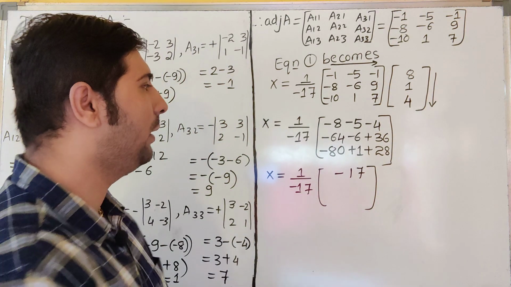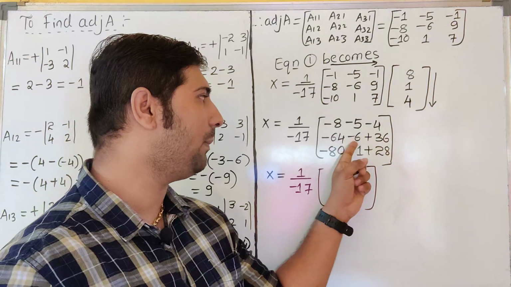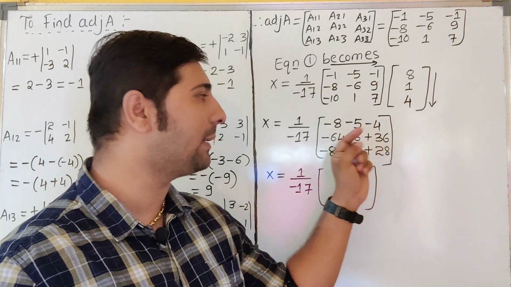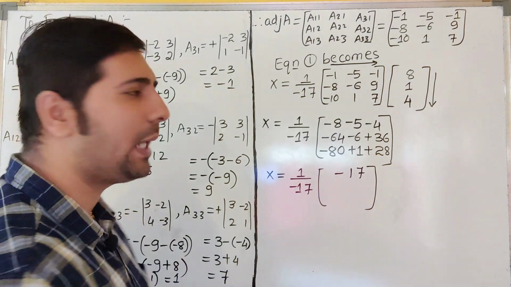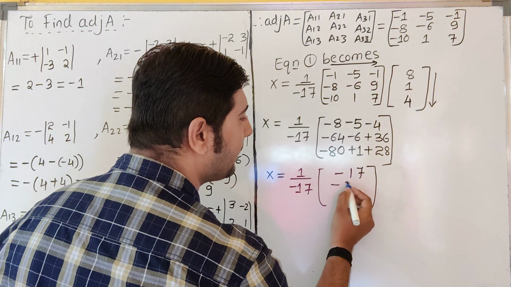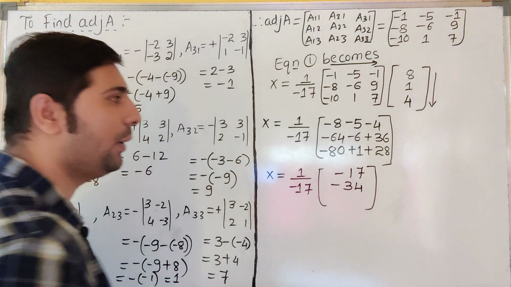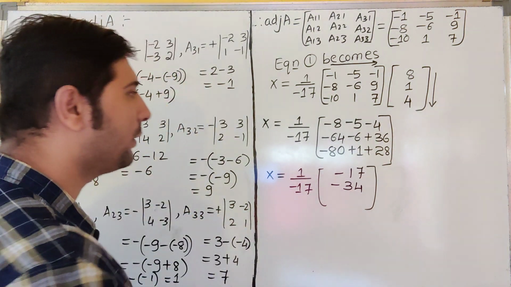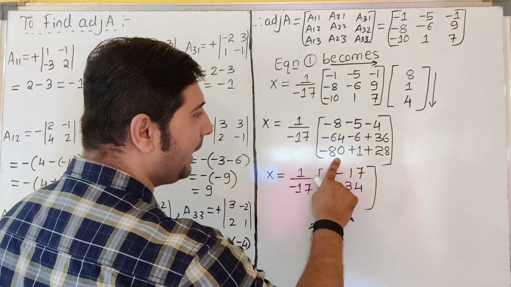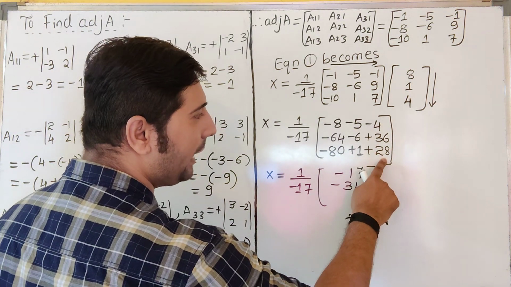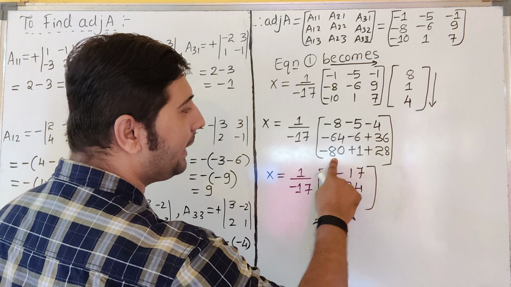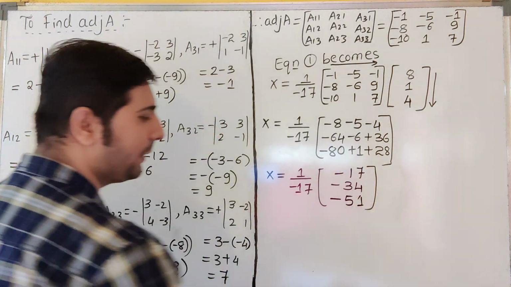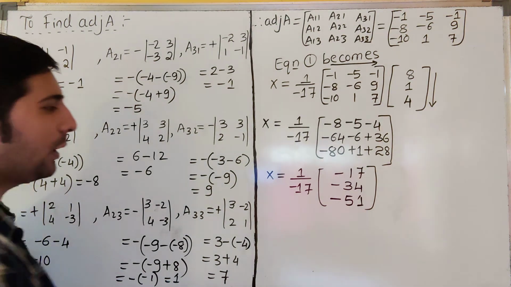So next minus 64 minus 6, minus 70. Minus 70 plus 36 is how much? So that will give minus 34, dear students. Will you agree or not? You see. Minus 34 you will get. Understood? So now see. Minus 80. 1 plus 28 is 29. Minus 80 plus 29 is minus 51, dear students. Clear everyone?